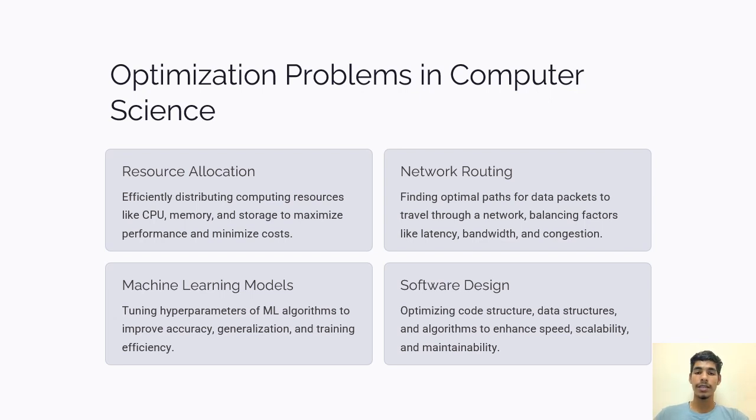And software design: optimizing the code structure, data structures, and algorithms to enhance speed, scalability, and maintainability. This was all in the slide, showing where vector calculus is used in computer science and computer applications.